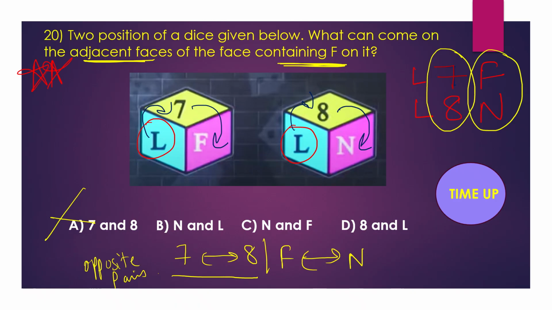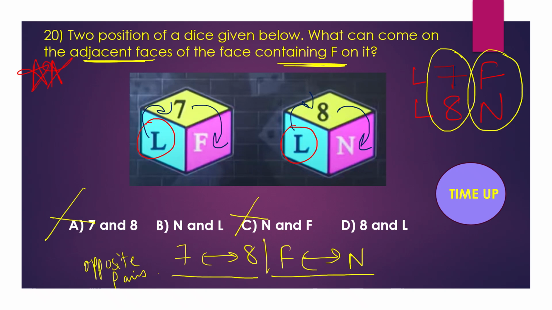F is opposite to N. So they are the opposite pairs and they cannot be adjacent to each other. So eliminate C option also. We want adjacent face to the face containing F. We need to find out the adjacent to F. Okay, not opposite. So from these two you eliminated the two options.